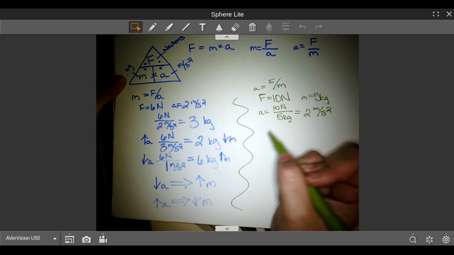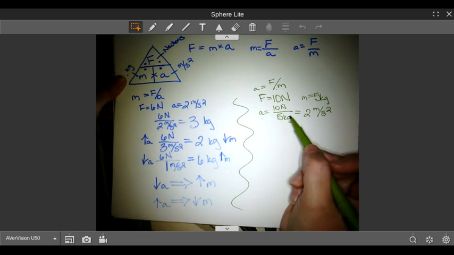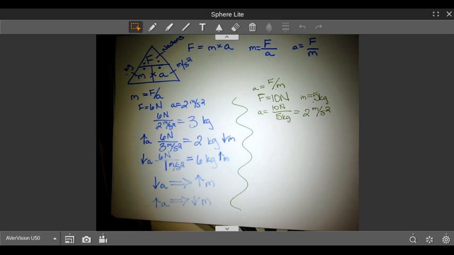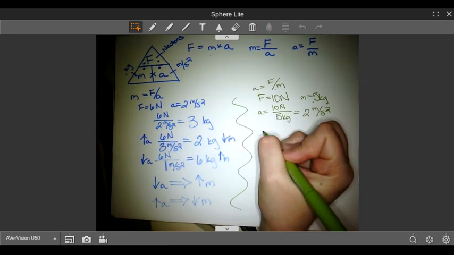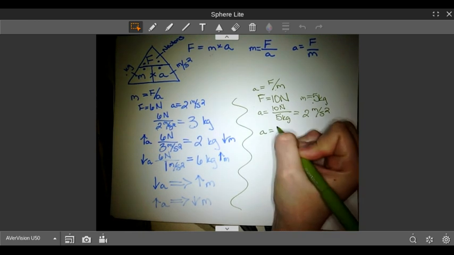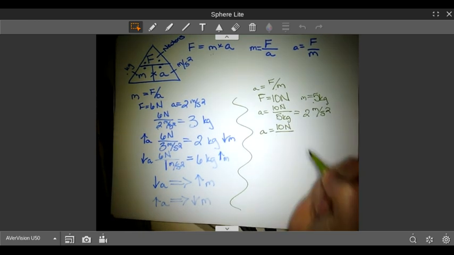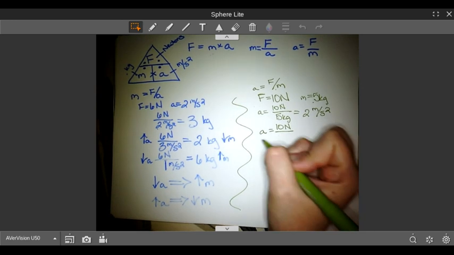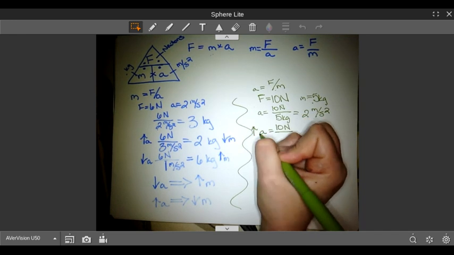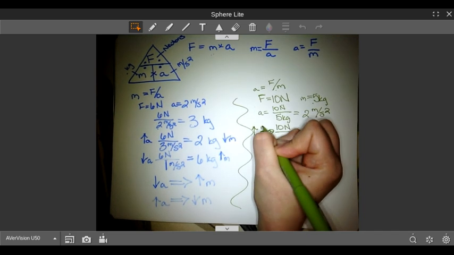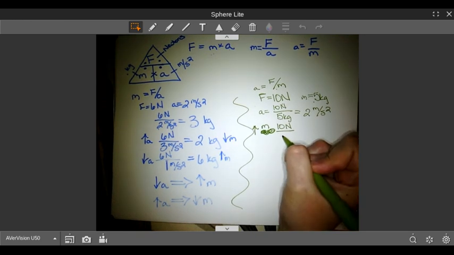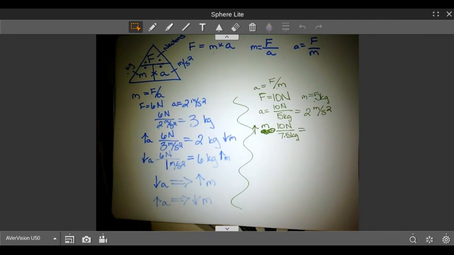Now, let's say that I want to increase my mass. Okay? So this time I'm going to do 10 newtons of my force because I'm not changing my force. But instead of 5 kilograms, I'm going to increase my mass. So if I increase my mass, now I have a mass of 7.5 kilograms.